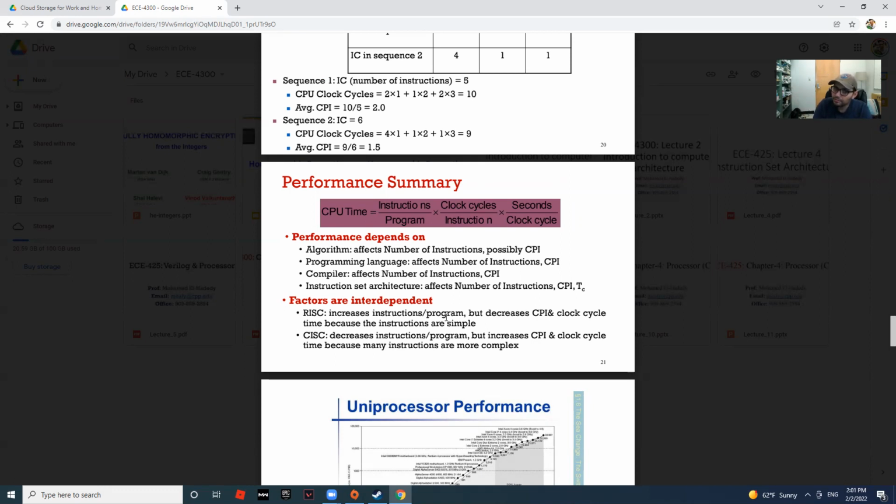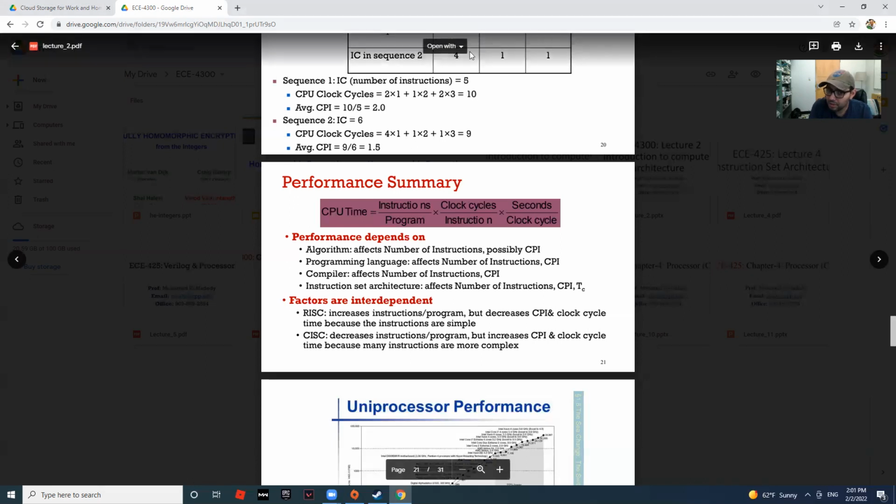Sounds good? Now, if I look into the two architectures I was talking about last time, RISC versus CISC: with RISC, you increase instructions per program, but you decrease the CPI and the clock cycle time, because all the instructions take the same duration of cycles.